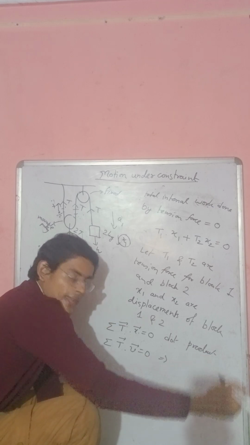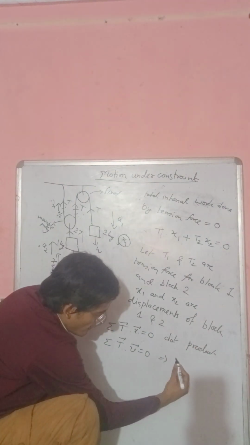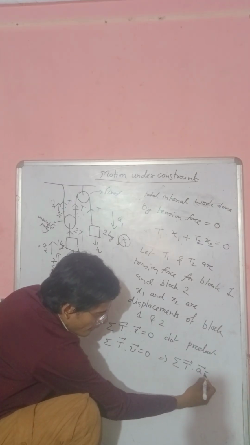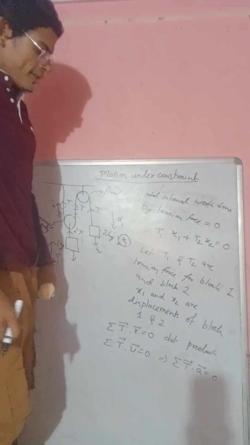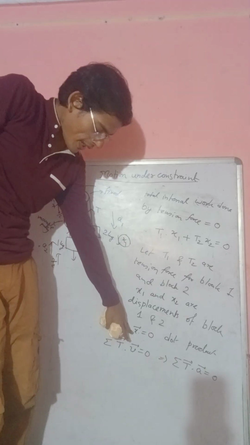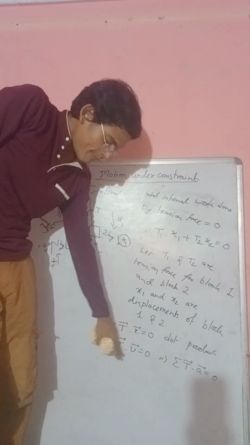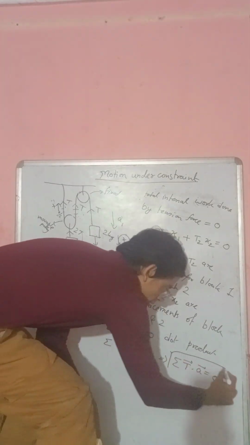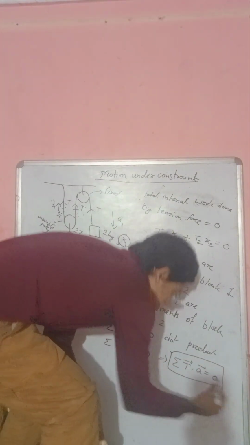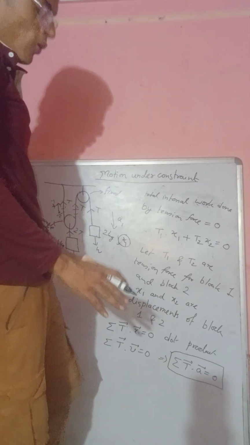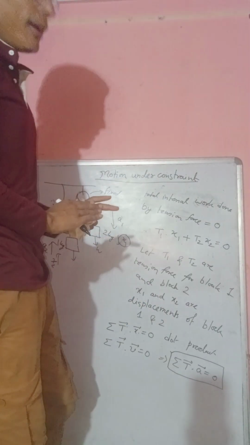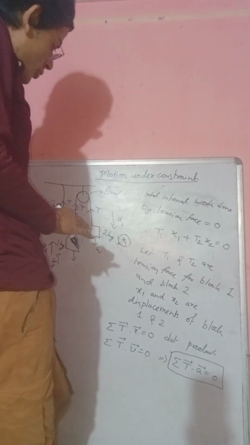Similarly, if we differentiate again, we can write the summation of T dot a equal to 0, because if we differentiate x, we get the velocity, and if we differentiate v again, we get the acceleration. So finally, what we need to find the acceleration is the sigma of T dot a, where a is the acceleration. This is the formula we have to use to solve this problem.